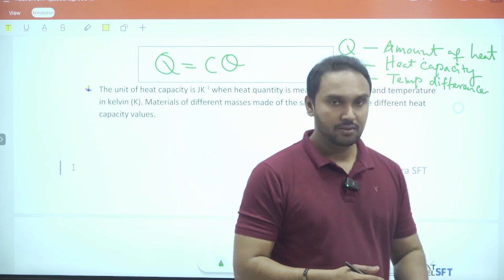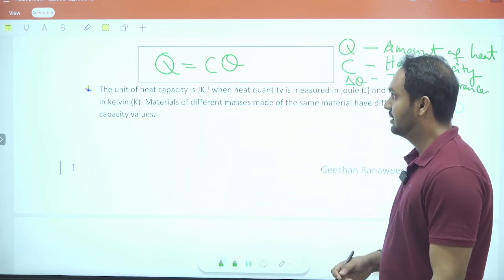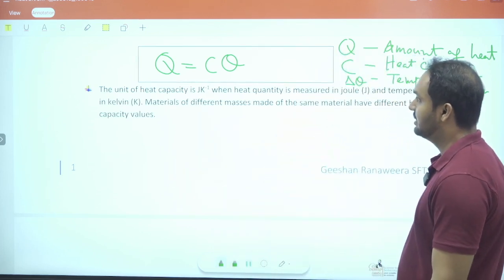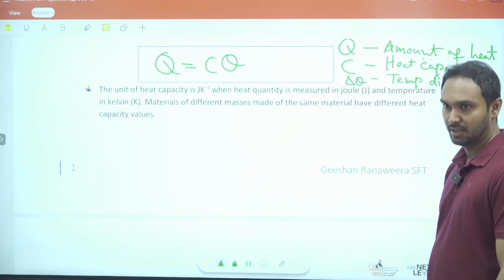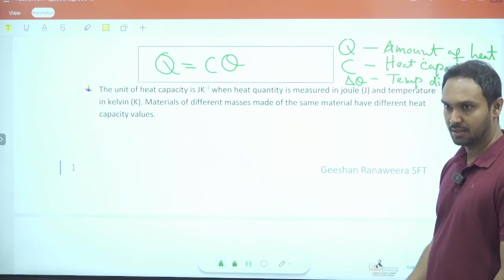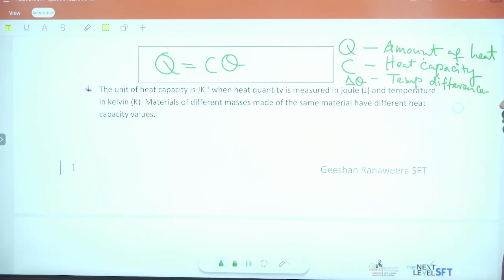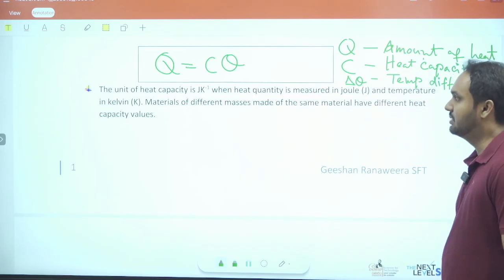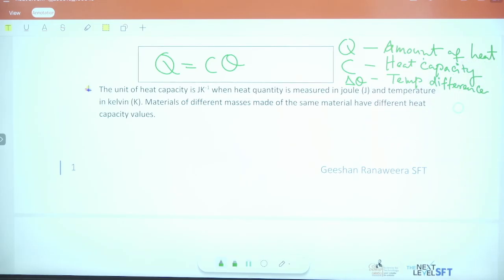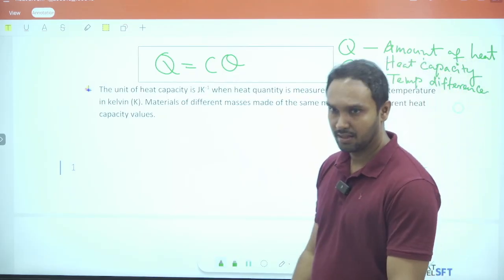So try to understand this part as well. What does it say? The unit of heat capacity is joules per Kelvin, right? That we discussed. That is when heat quantity is measured in joules and temperature is in Kelvin. Objects of different masses made of the same material have different heat capacity values, right?